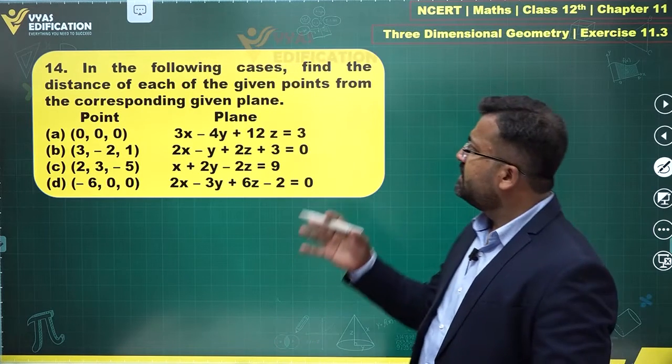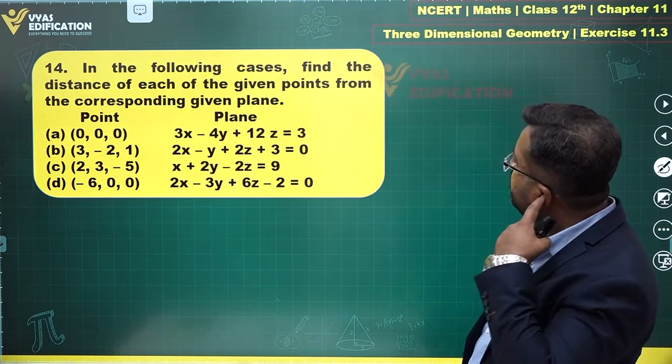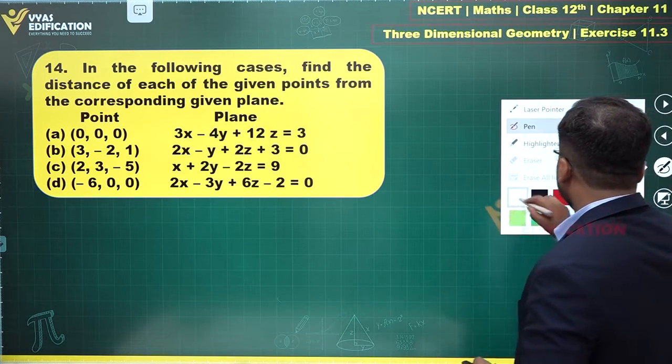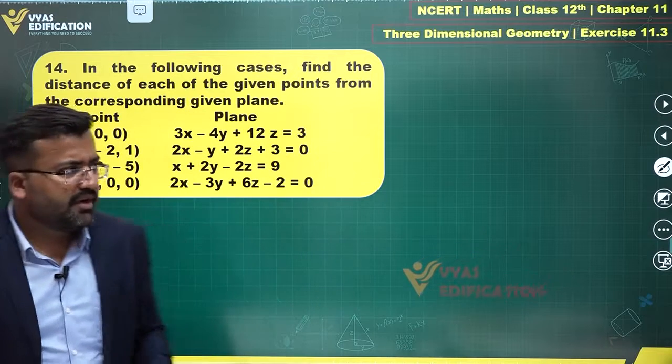Question number 14 says, in the following cases, find the distances of each of the following points from the corresponding given plane. Distance of the points from the plane. How can you find that? Simple approach, if you remember, a simple result.